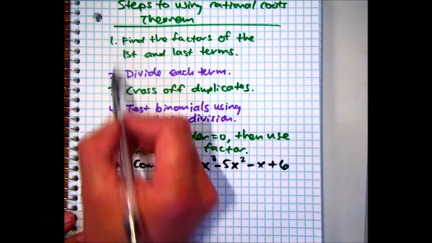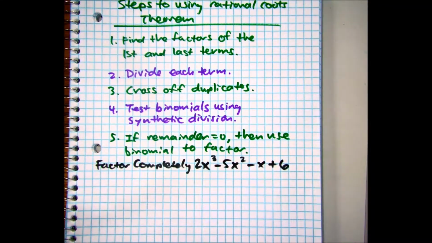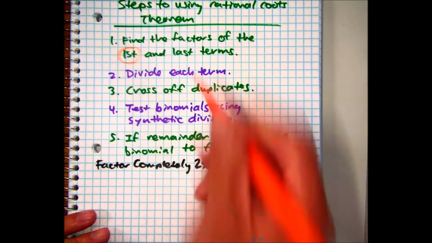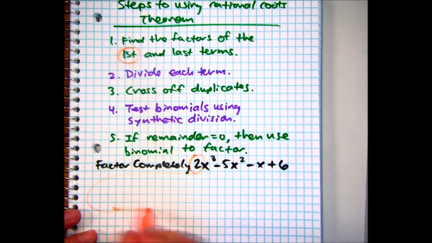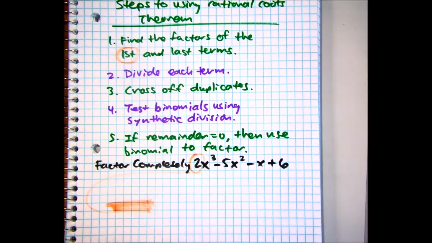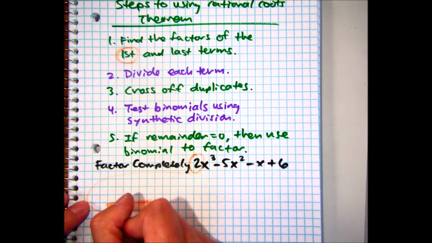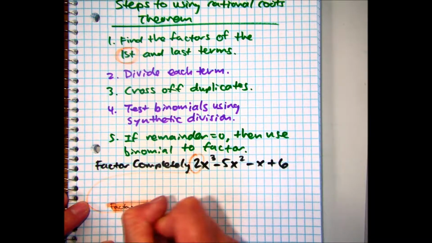Well, what do I need to do? Number 1, I need to find the factors of the first and last terms. So here's the first term. That's my 2 here. Factors of 2.